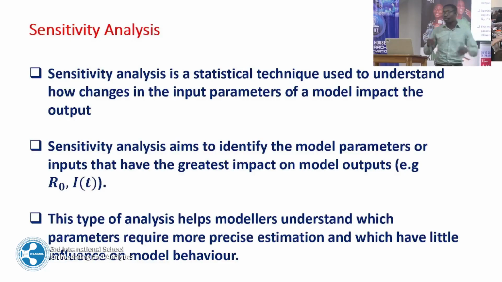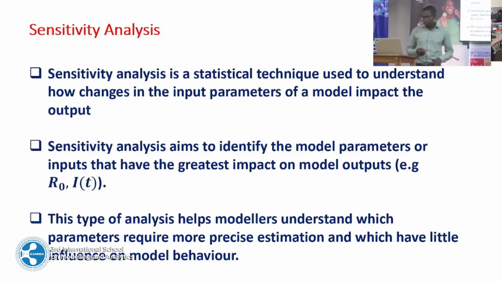Say you develop a model for malaria, and you want to know which of the parameters of this model is influencing the R naught greatly. This type of analysis helps modelers understand which parameters require more precise estimation and which have little influence on model behavior.